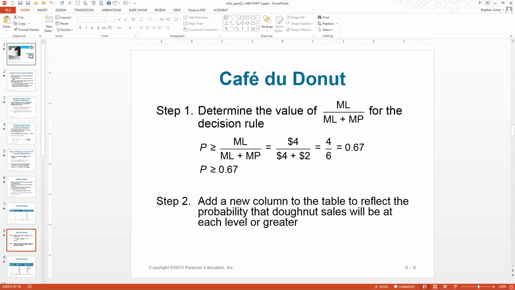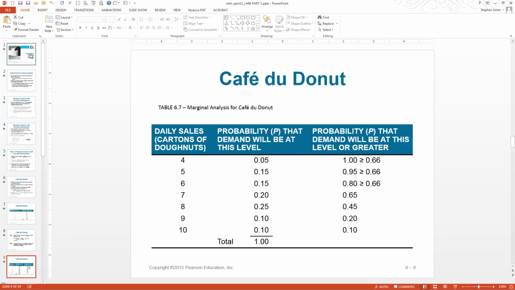It's not $6, it's $2. So you're going to make at most $2, and you will lose $4. So 4 over 6, which is 0.67. So that's what you're looking for as a probability. You're looking for, as long as your probability is still 0.67 or higher, that you're going to be able to sell all those donuts. And that is the column that you find on the right side here.